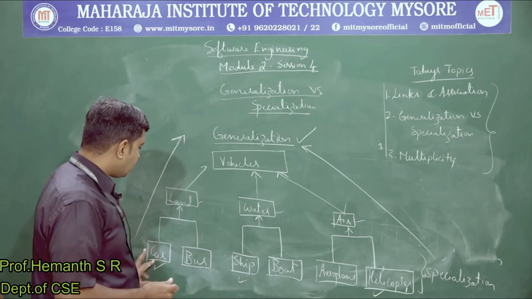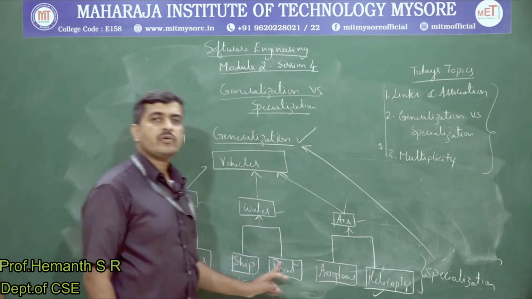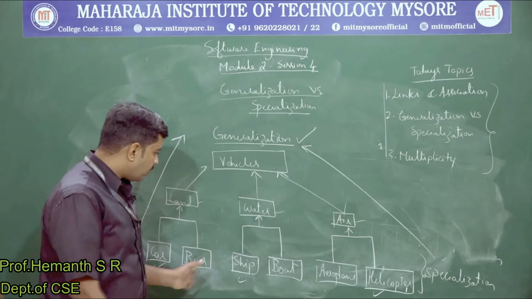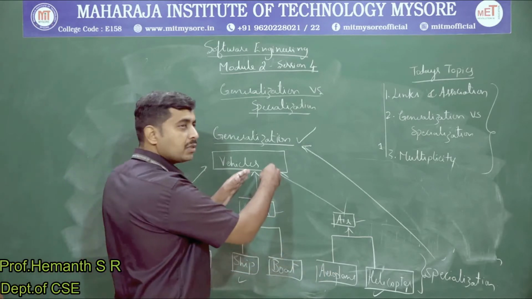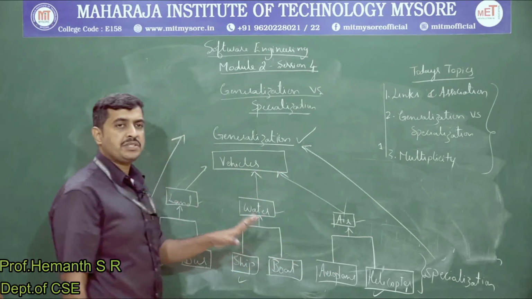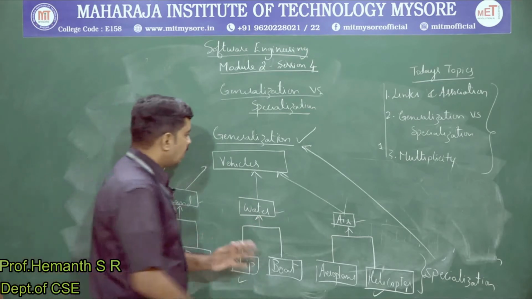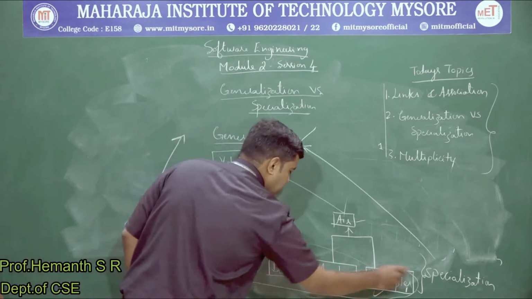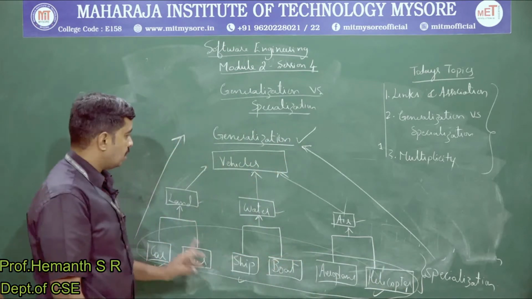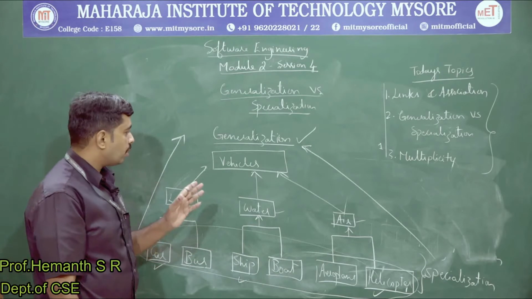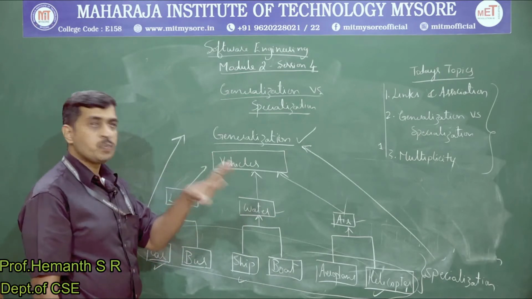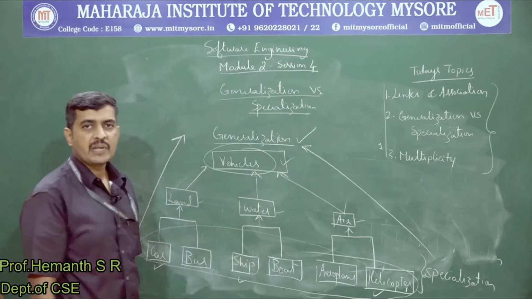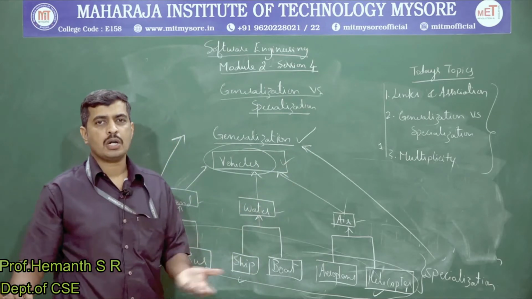So from the subclasses we have identified a few aspects which are common and we have tried to generalize them. In this example, all these specific classes can be brought under the umbrella of a superclass called vehicles. This is what we have done, and this is what generalization is all about.